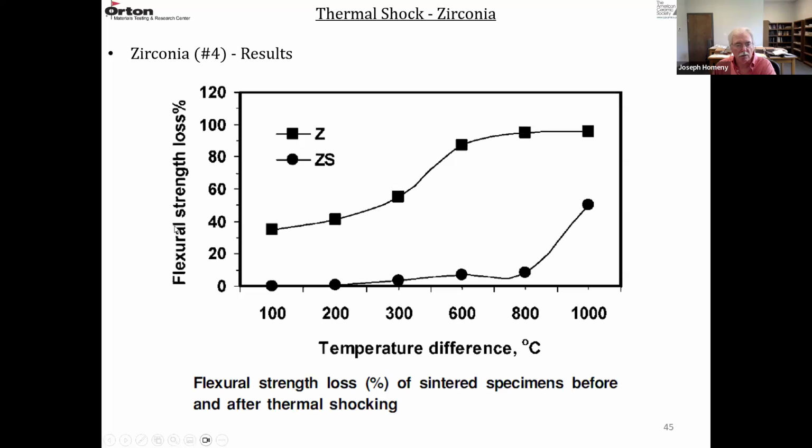So flexural strength loss versus temperature difference. The squares are the zircon, the circles are the composite. So you can see how much higher the strength loss in percentage was for pure zircon compared to the composite material. So even though the composite material started out with a lower strength, it doesn't lose as much strength as the pure zircon.